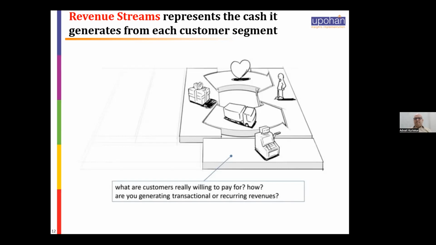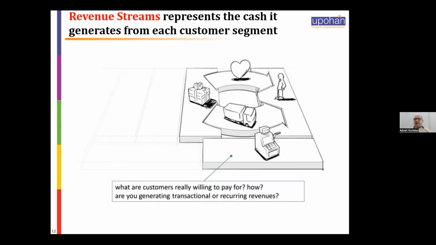Send me your products or let me experience your service free of cost, and if I like it, I may think of buying. These things will happen to you as a startup founder, but very soon you need to convert them into paying customers. Therefore, you need to think in terms of the different ways and means, and therefore different streams of revenue in your business model.